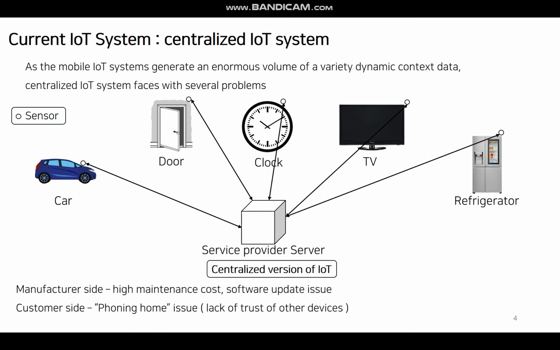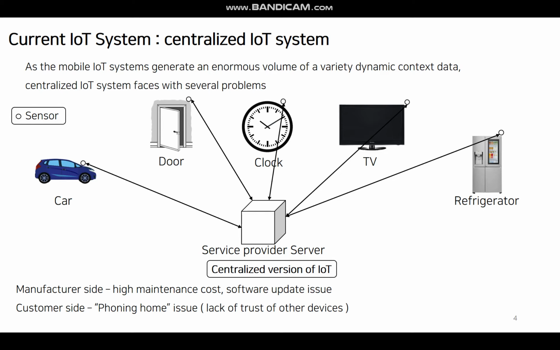So here is the current IoT system, which is a centralized IoT system. As mobile IoT systems generate an enormous volume of varied dynamic context data, the limitations of the current IoT system are widely open to every researcher related to IoT.